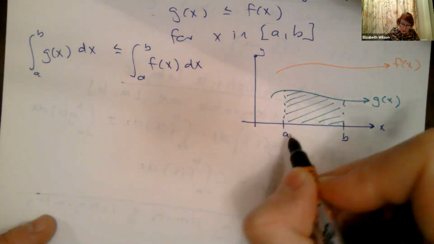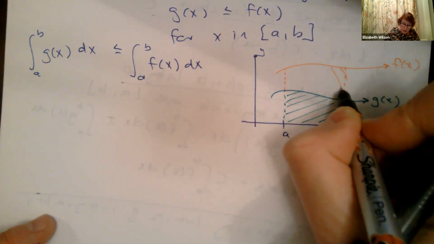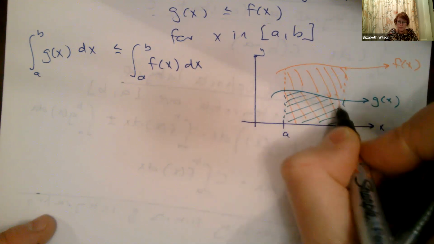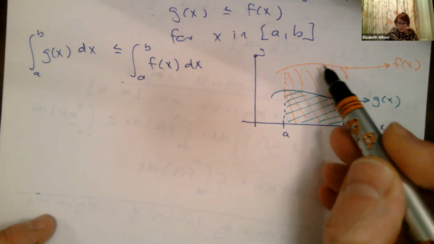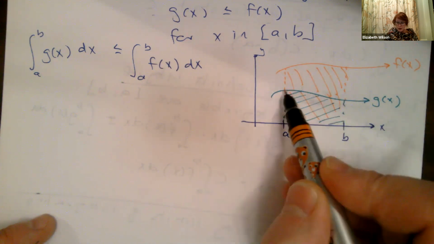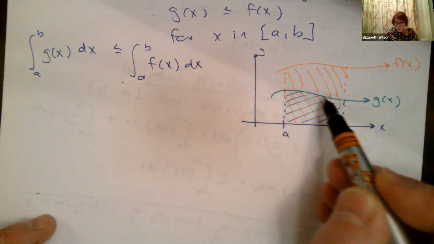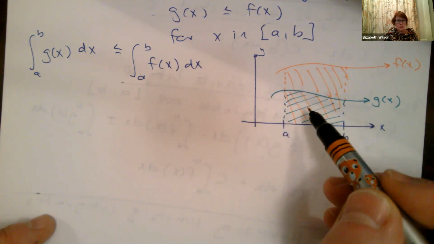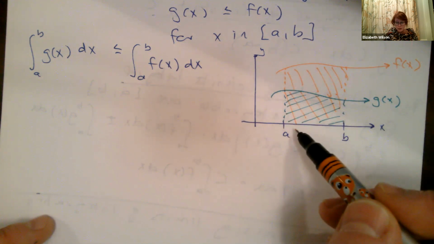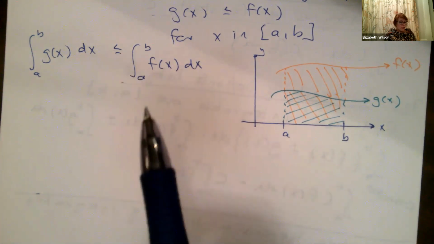So when I integrate from a to b of f of x, I'm looking at not just this region, but this region too. The area of f of x is all this orange part, and the area of g of x is all the green part. So if g of x is smaller than f of x for these values in our interval, the area I integrate for g of x is going to be less than the area I integrate for f of x. That's what this is saying right here.